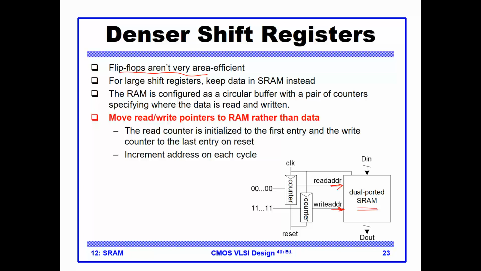Those are the read and the write pointer. They are initialized to the first entry. The read is initialized to the first entry, for example, 000 in this case, and the write is initialized to the last entry, for example, 111 in this case.